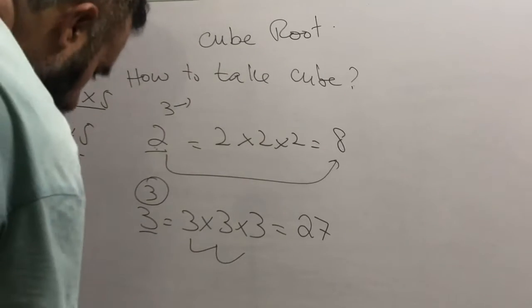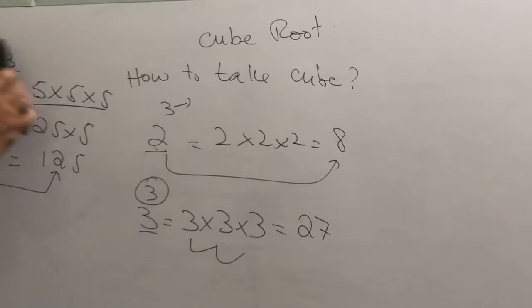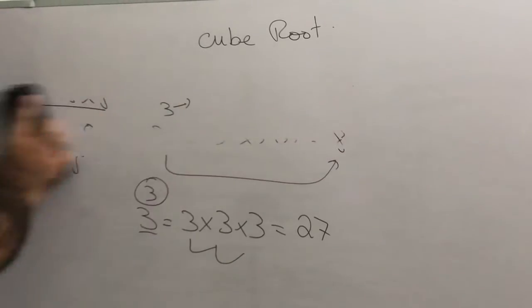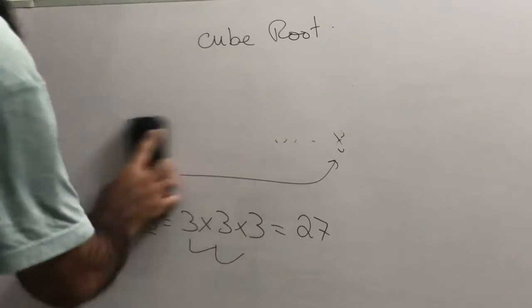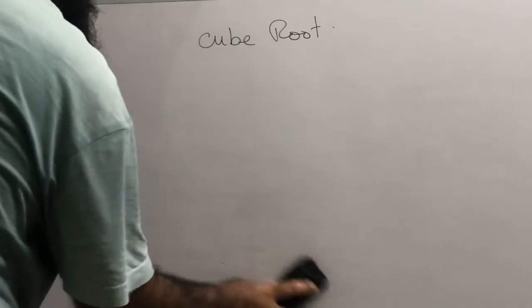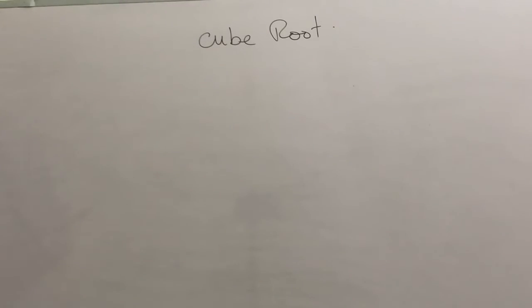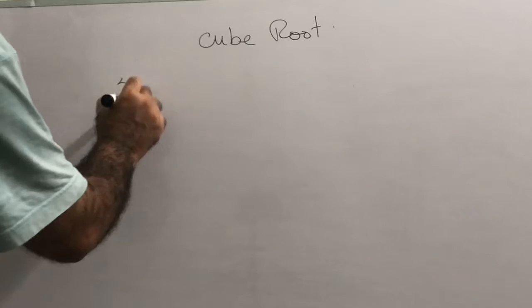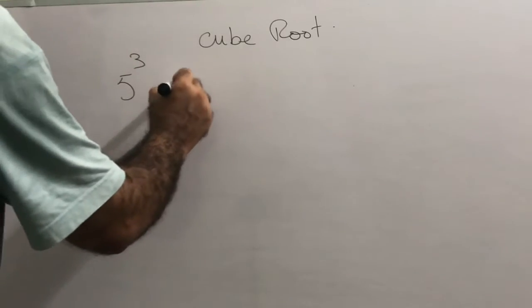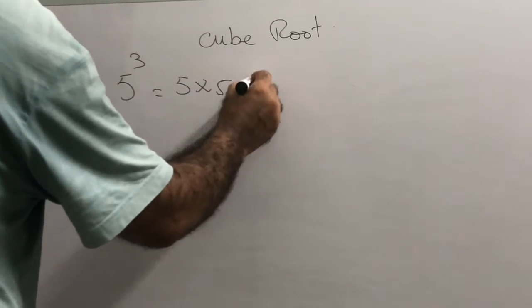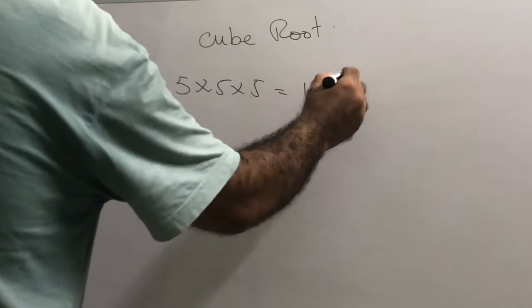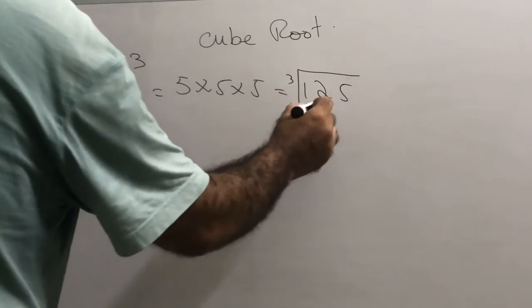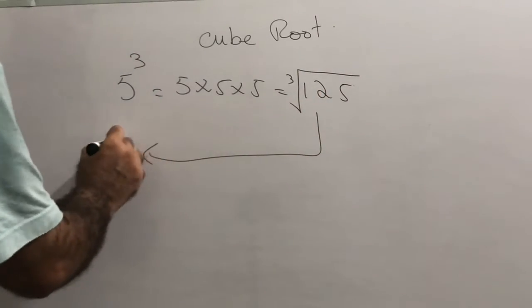So we told you how to take a cube. If you understand this, then we will move ahead to find the cube root, which is the opposite of cube. If we say cube of 5 is 5 into 5 into 5, it is 125. So when we take the cube root of this, we get the answer 5.